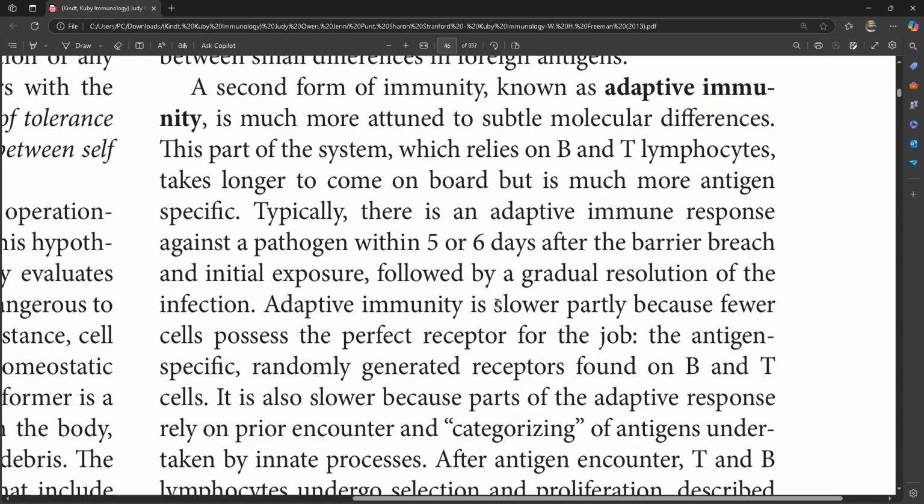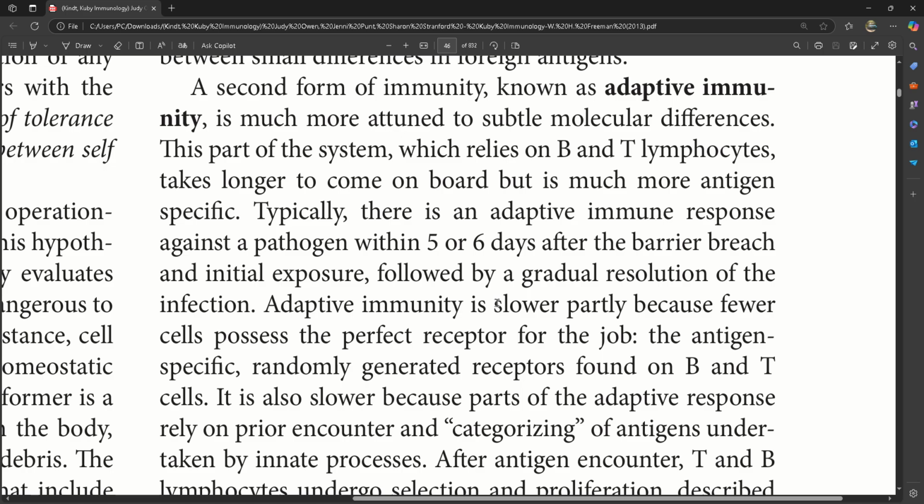So, adaptive immunity will take time. It will take about 1 week or even more to produce an effective immune response, while innate immunity takes place within seconds. It's fast in response, but innate immunity is just the general, first line of defense, and adaptive immunity is more precise.